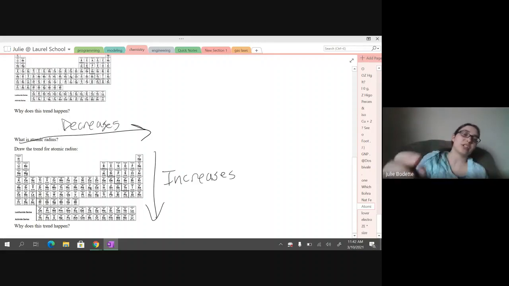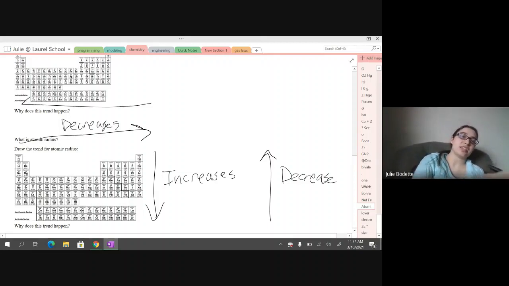And if it helps, you can also draw the reverse. For example, if atomic radius increases as you go down, it must decrease as you go up. And if atomic radius decreases as you go from left to right, then it must increase as you go backwards.